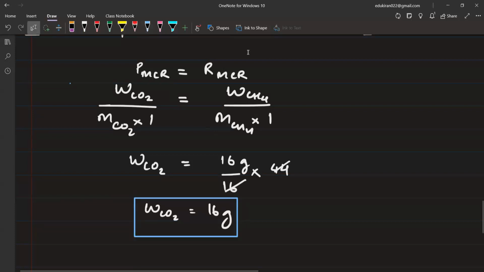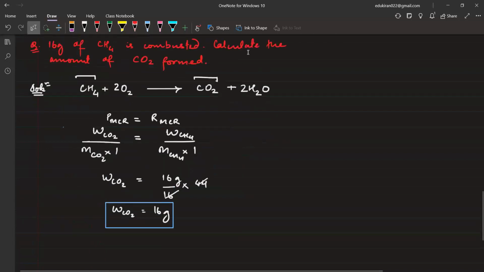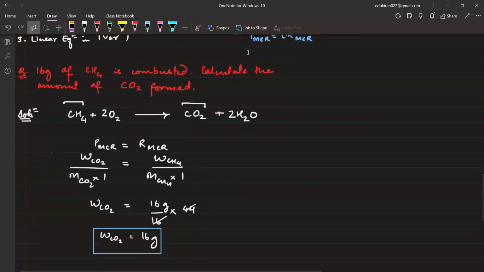Got it, guys? Yes or no, please tell me. Yes, sir. Now, if they have given the mass, you will tell the mass in the product also. I will see another question in which we are using moles.